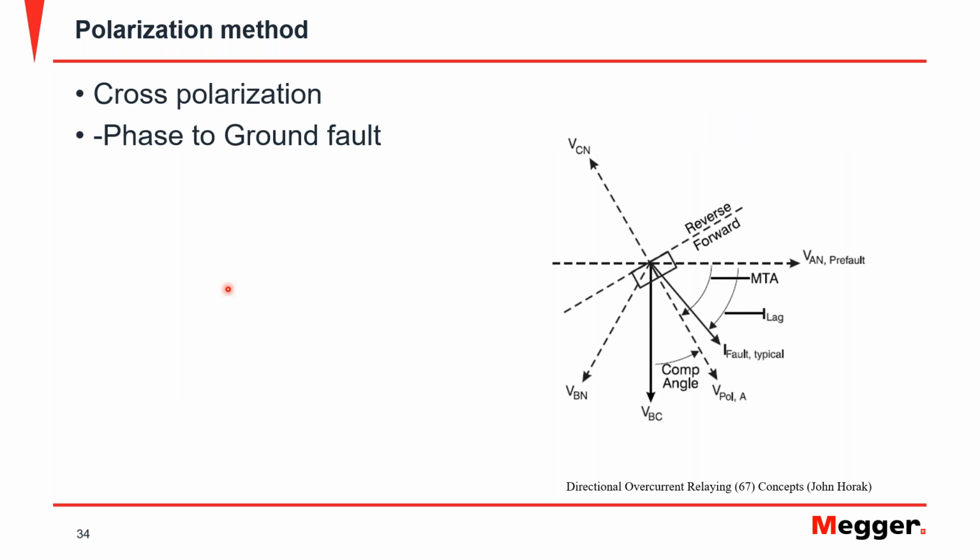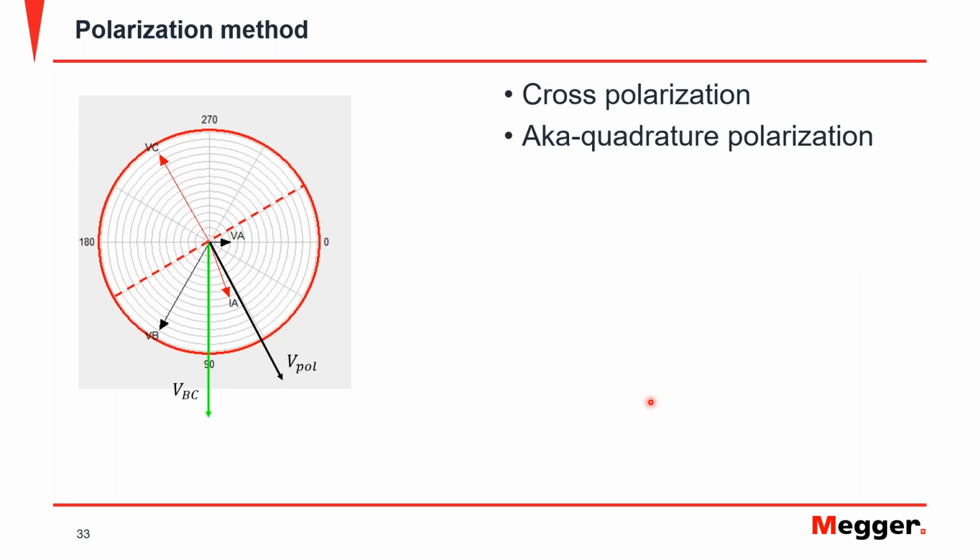So this graph that I have here is just the same graph that I had before, but with a little bit more detail. And I'm showing here VBC. Now, in relay diagrams, you are not going to see this explained like this, where this is the polarizing voltage.